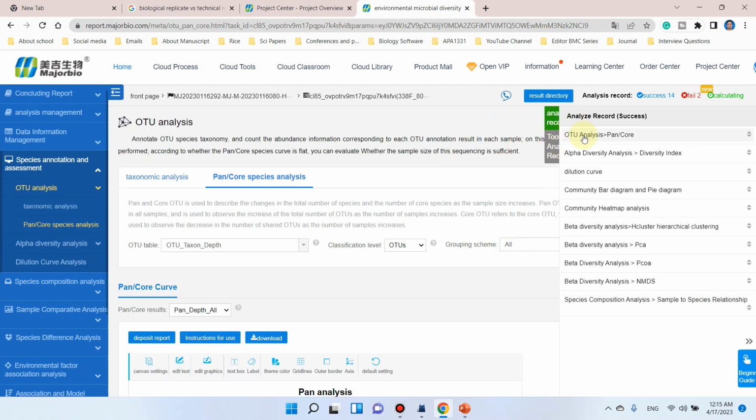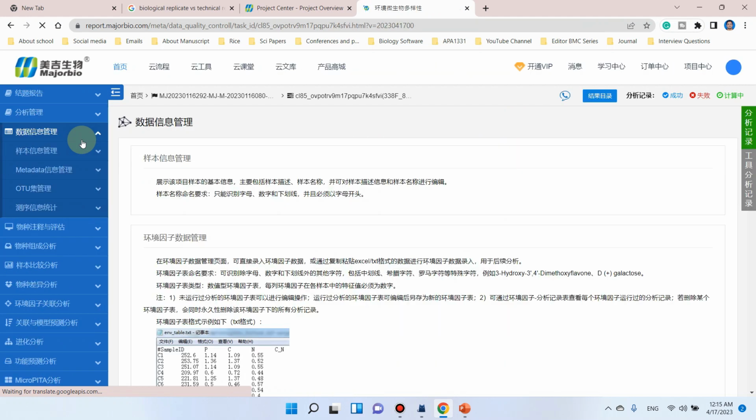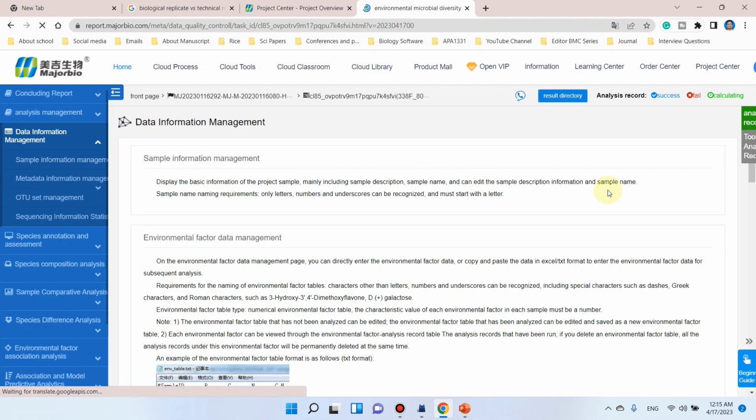Before we start the analysis of OTU and alpha and beta diversity, we should first have information about the samples. To get the information about the samples, you can simply click on this data information management, and you can click on this first sample information management.